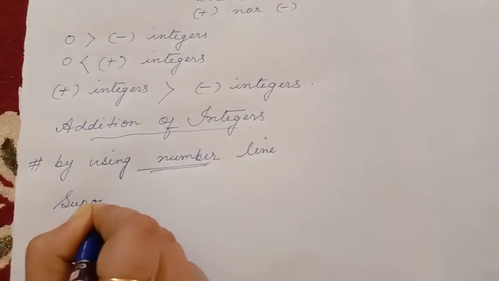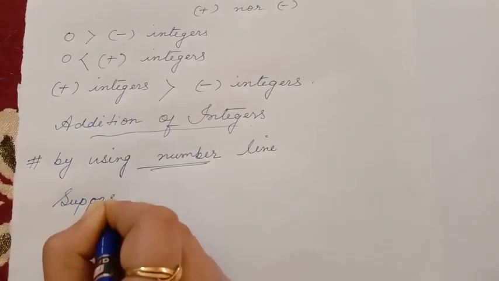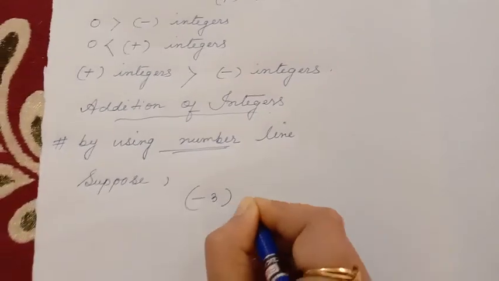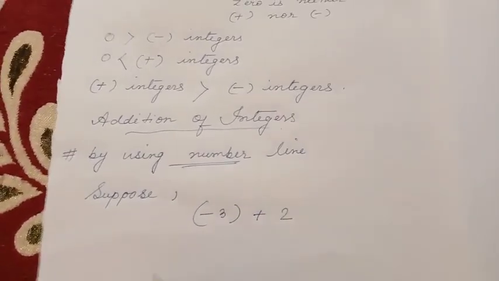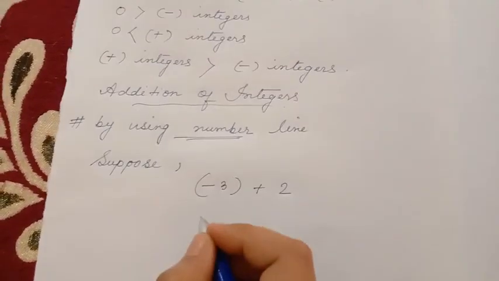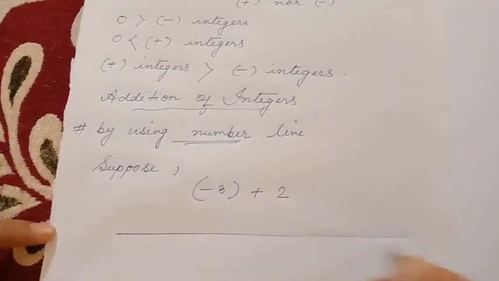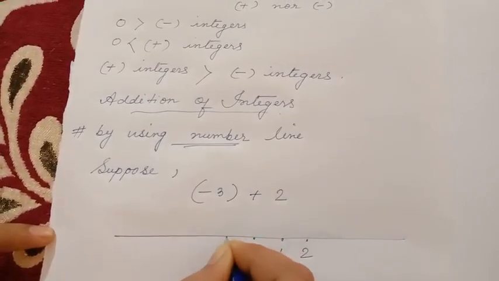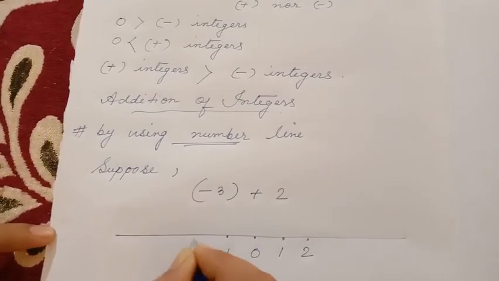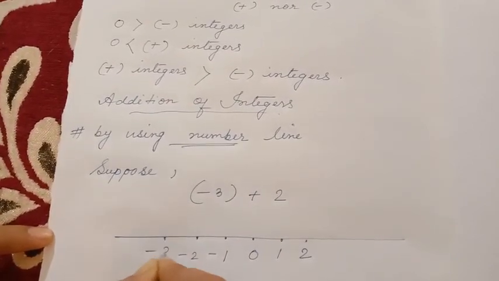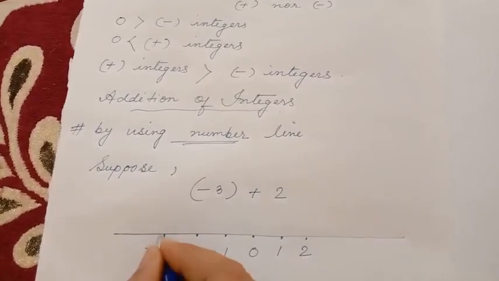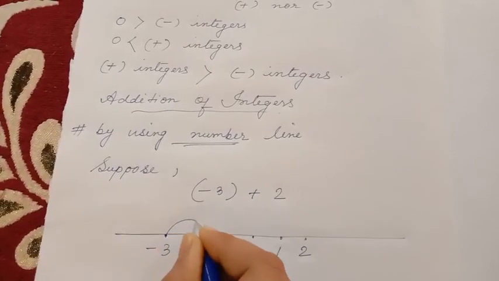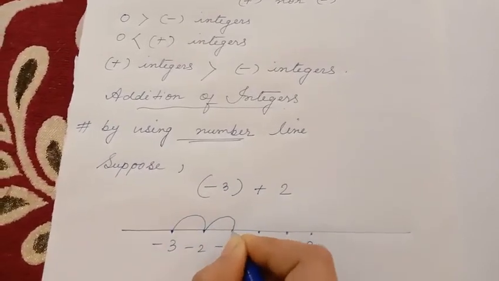Suppose -3 plus 2. In the number line, first we have to draw these numbers. Start from -3 on the number line, move 2 units to the right.